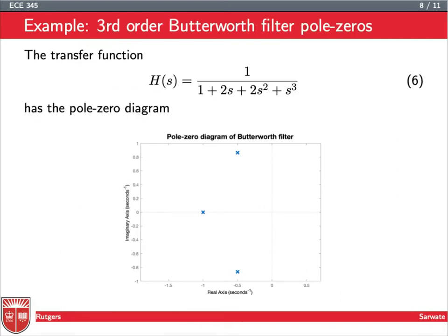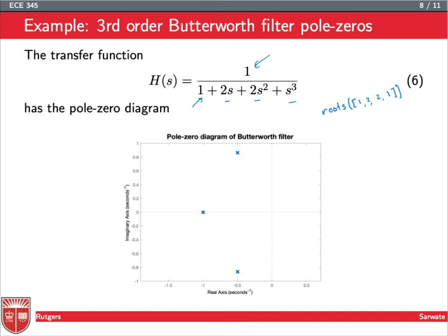So the transfer function, if you plug all those numbers in, is very simple. We have this 1 ohm resistor, so we just get this 1 on the top, and then we get 1 plus 2s plus 2s squared plus s cubed on the bottom. In MATLAB, you can use the command roots. If you do roots of [1, 2, 2, 1], you'll get out the real and imaginary poles here.